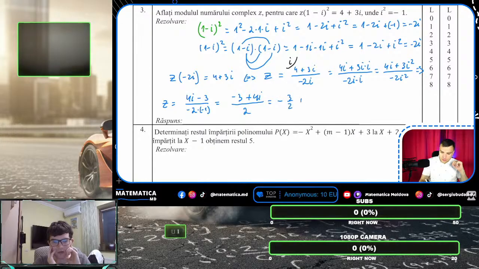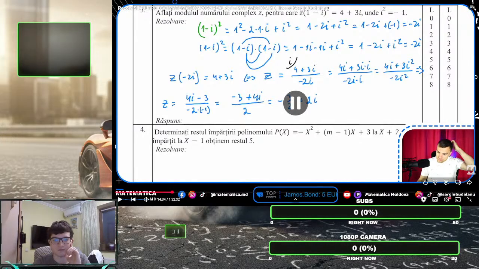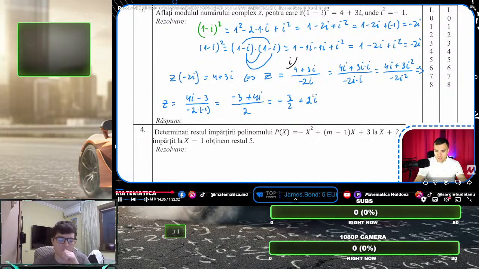Now this divided by 2 plus that divided by 2. So 2i. So that's the real part. So a is minus 3 divided by 2 plus 2i, that's b. So now just do the formula and move on from there.